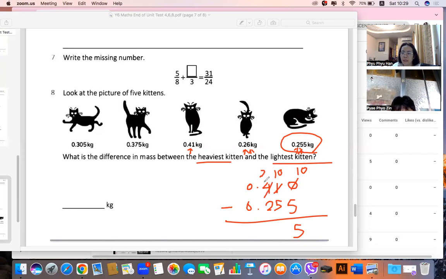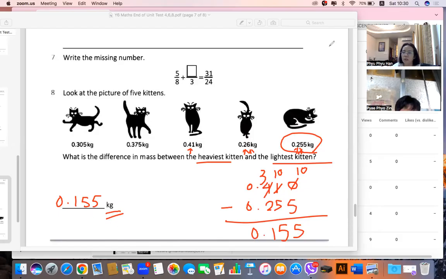This one becomes 3. 10 minus 5, we get 5. 3 minus 2, we get 1 and 0. So what is your answer? 0.155 kilogram. They already wrote the unit, 0.155 kilogram.